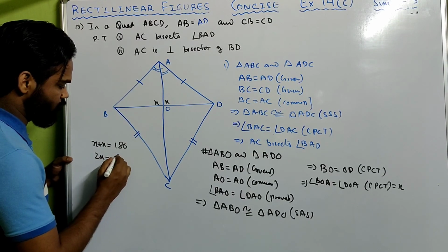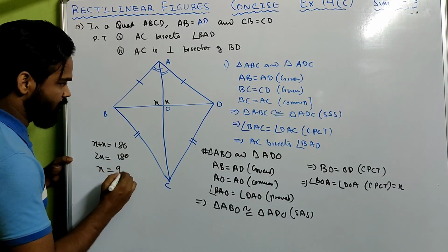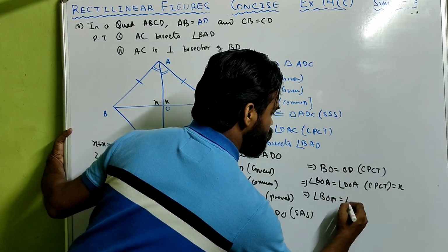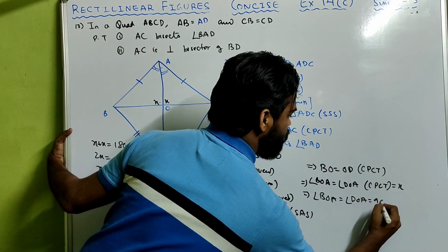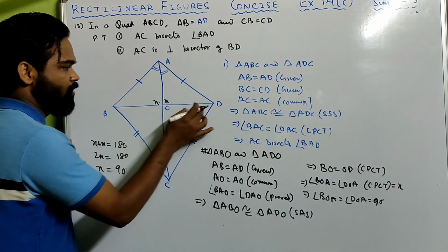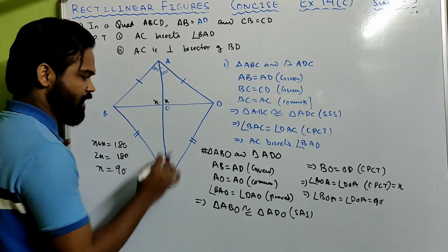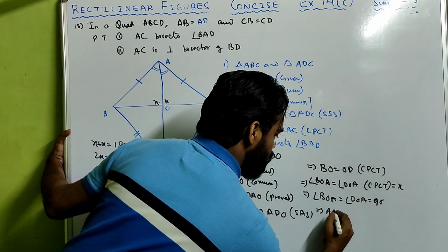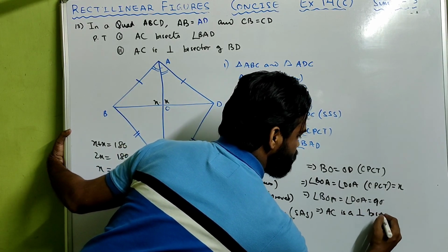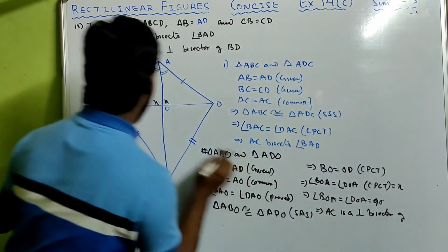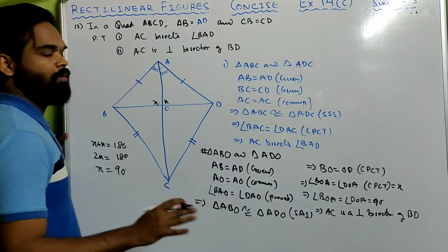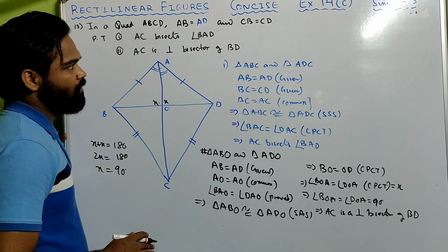So 2X equals 180, which means X equals 90 degrees, which means angle BOA equals angle DOA equals 90 degrees. Look carefully. So the angle is 90 degrees and BO equals OD, which means we can say AC is a perpendicular bisector of BD. Isn't it? Pretty easy. Okay.